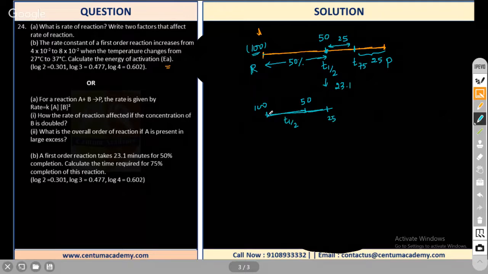From 50 to 25, another half time is required. So this time is also what? T half. So from this point to this point, the time required to complete this reaction is twice the T half, which is nothing but 23.1 into 2, which is 46.2.